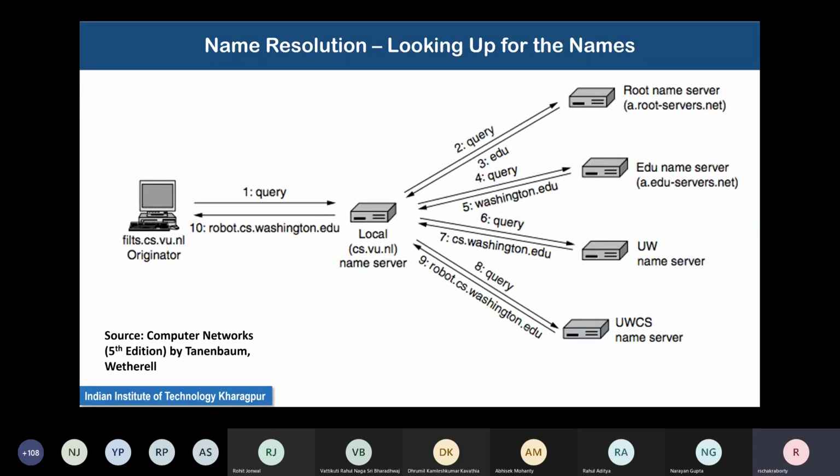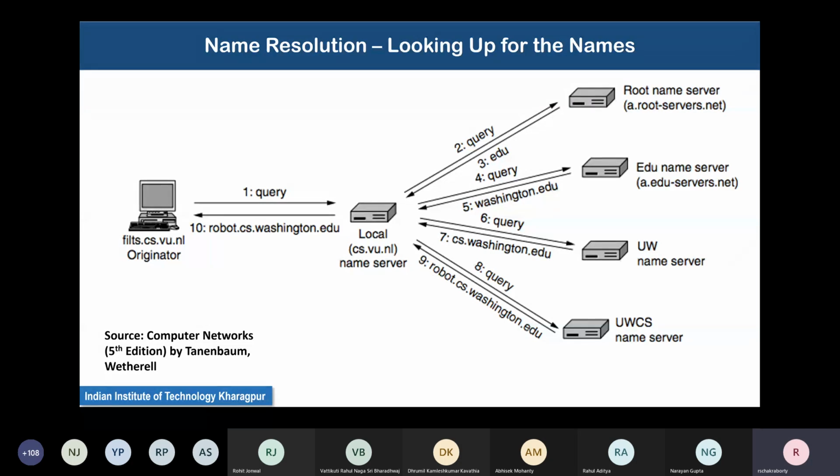There are not too many such root name servers distributed geographically around the world. Not too many in a sense that less than 20 probably. They contain identical information and they are updated.